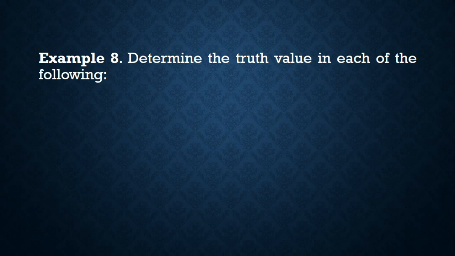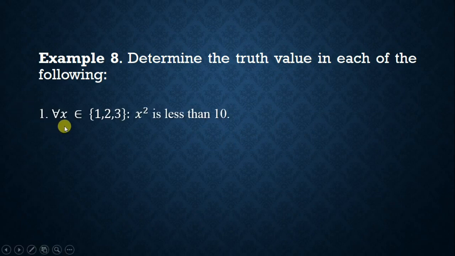Example: determine the truth value of each of the following. Number 1, for all x element of the set containing 1, 2, and 3, such that x squared is less than 10.